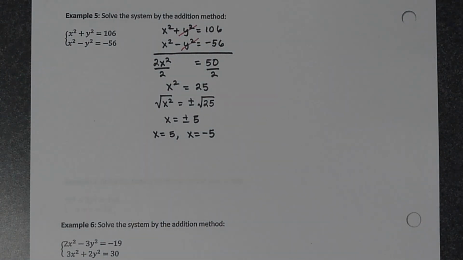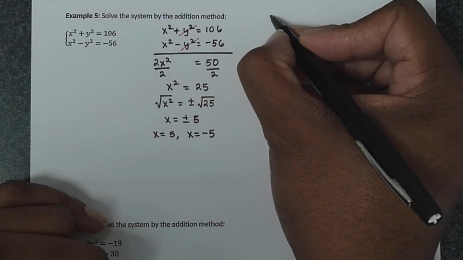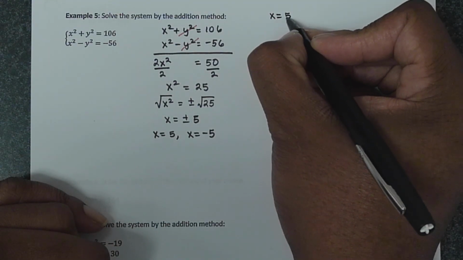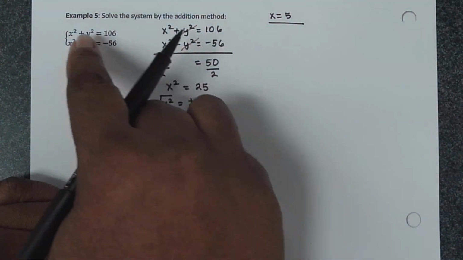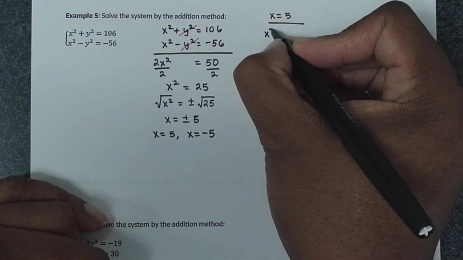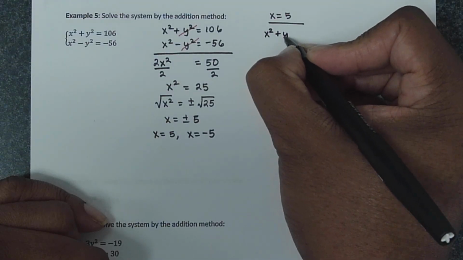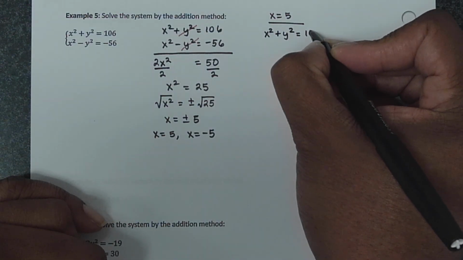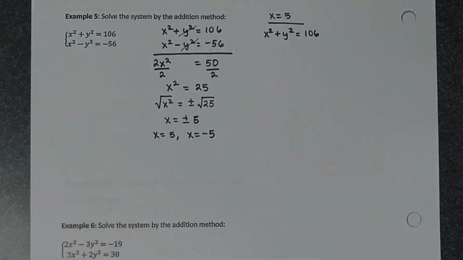And for each of those x values, we're going to find out what y is. So let's start off with x equal to 5 and find out what that y value will be. I will use the first equation. It doesn't matter which one you use. You want to use the one that's easier for you to work with. In this case, I'm dealing with x squared plus y squared is equal to 106 because it's all plus signs, all positive.